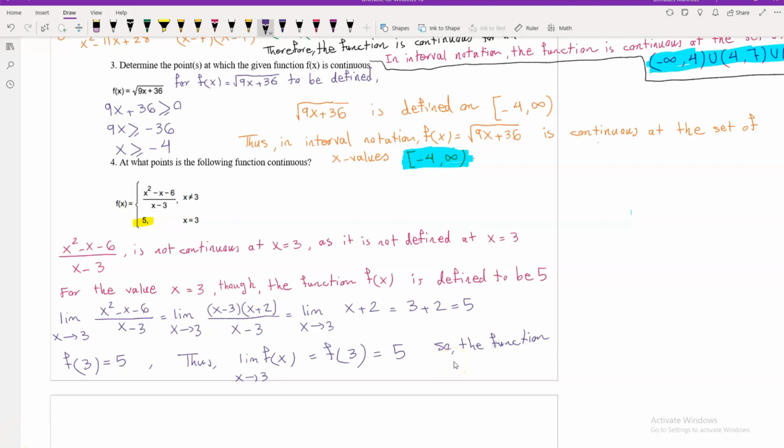Because of this conclusion, our function f of x is continuous at x equal to 3.